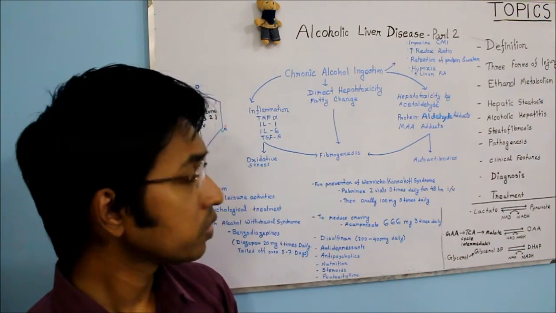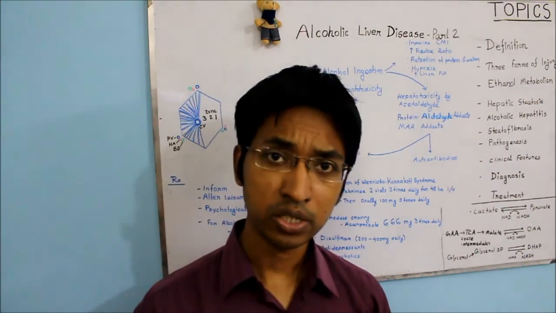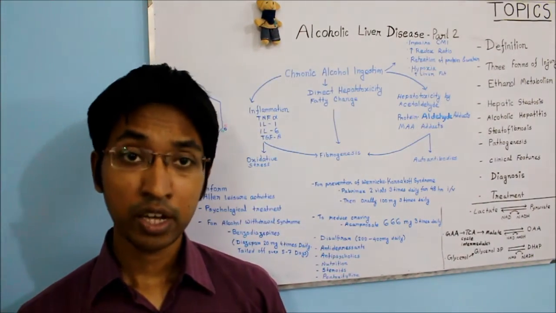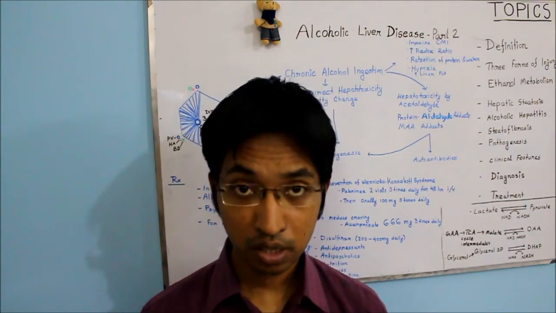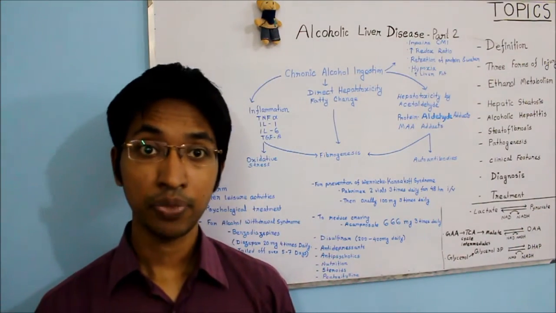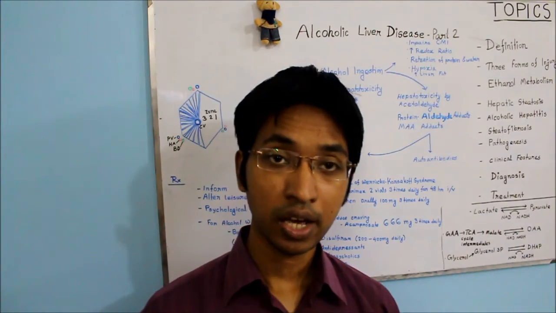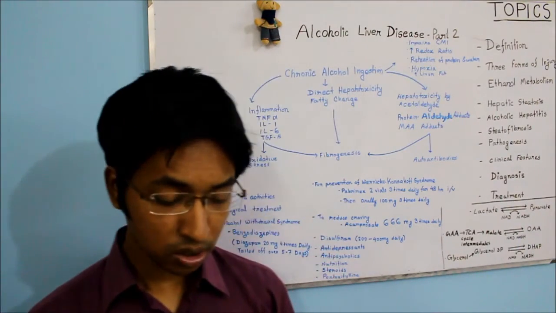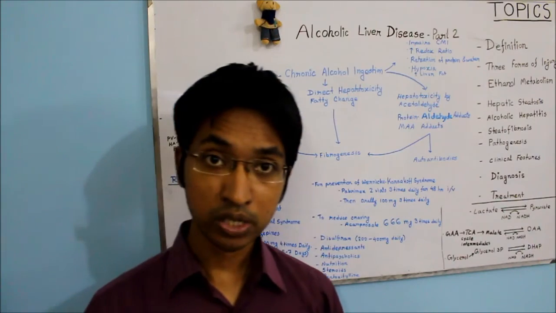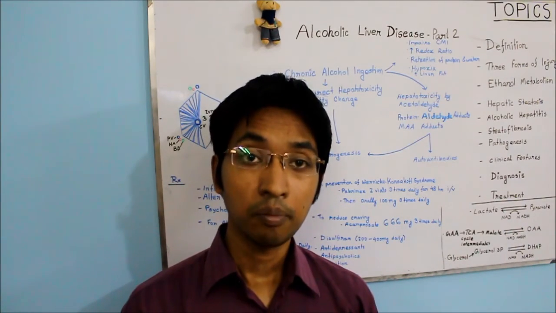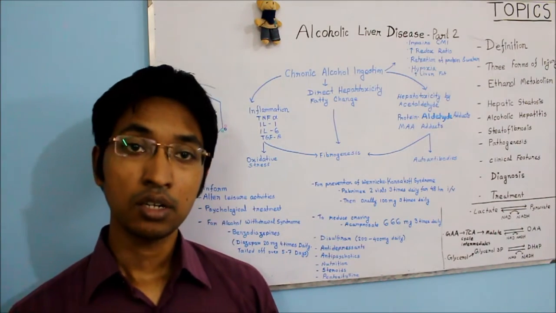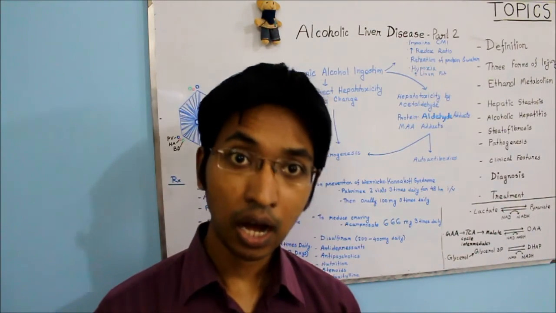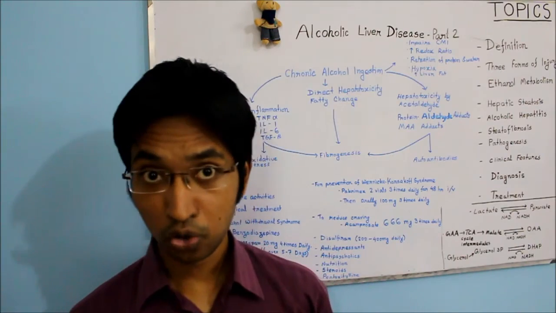Moving on to the clinical features of alcoholic cirrhosis, there can be clinical features due to the complications of cirrhosis. For example, there can be variceal hemorrhage and ascites. And one thing you have to remember, in alcoholic cirrhosis, the palmar erythema is more common than that happening in other non-alcoholic causes of cirrhosis.